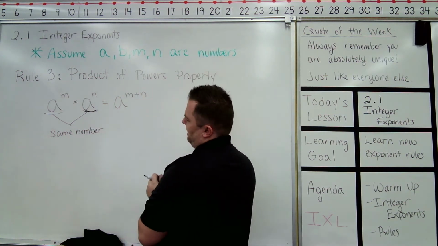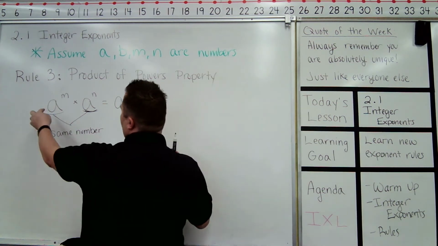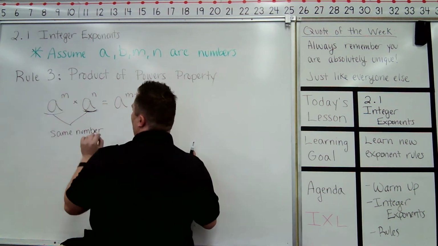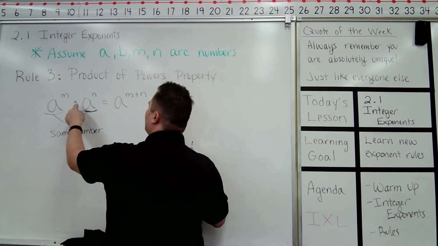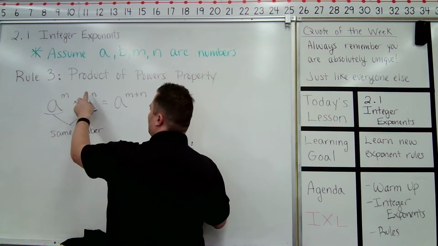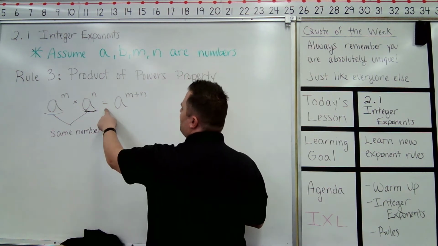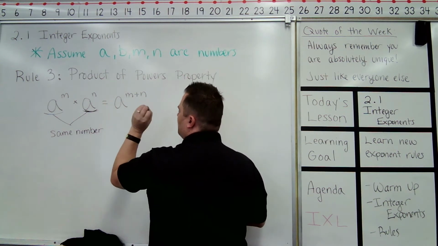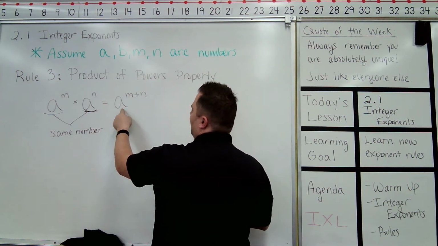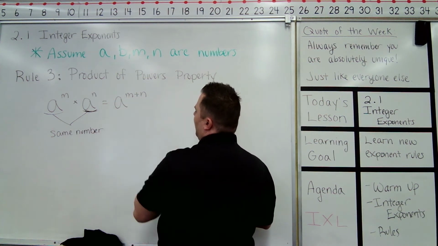So if I have some number to an exponent, and I'm multiplying it by the same number to a different exponent, I'm allowed to rewrite this as that number, but I get to add the exponents.